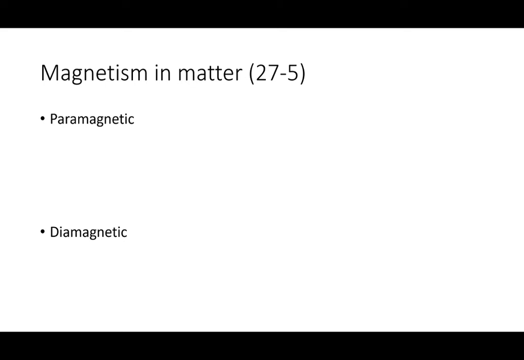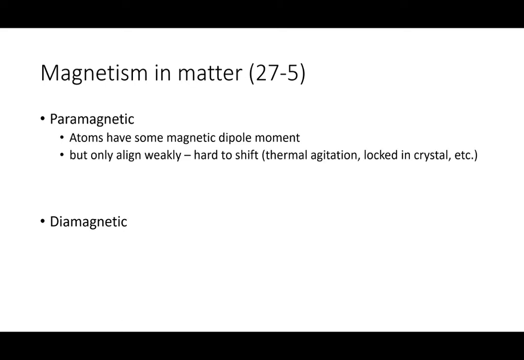First, we have the paramagnetic case. The paramagnetic case is where each atom, or each molecule, has some magnetic dipole moment. Not a lot, some, but they only align weakly. And it's hard for them to shift. Maybe it's due to thermal agitation. If they're locked in a crystal lattice, then they don't get to move around so much. So the alignment is weak, but it still adds a little bit.